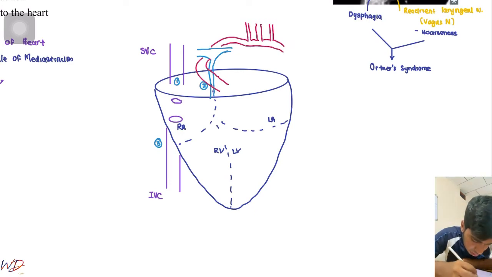We will discuss those. And finally, we have 4 pulmonary veins. We have 4 pulmonary veins draining into the left atrium.